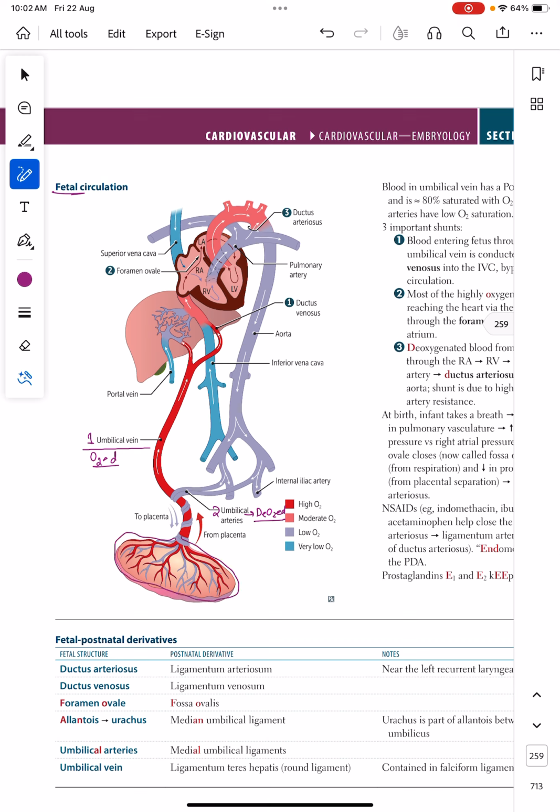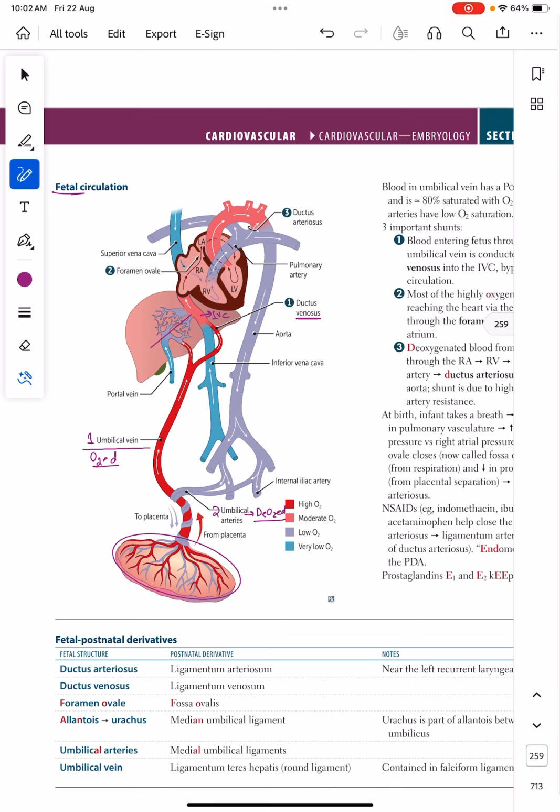So from the placenta, oxygenated blood passes into the umbilical vein and it reaches the liver. On reaching the liver, it bypasses the liver through a structure called the ductus venosus. So the first shunt in the fetal circulation is the ductus venosus, through which the oxygenated blood bypasses the liver and reaches where? Inferior vena cava.